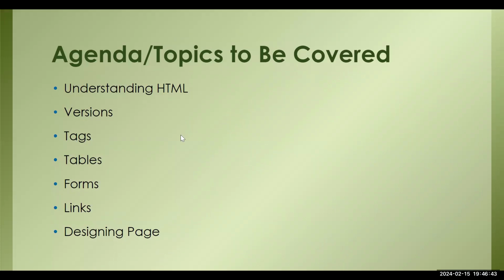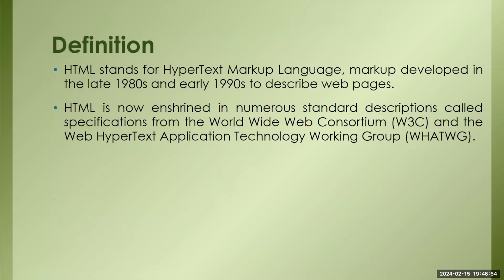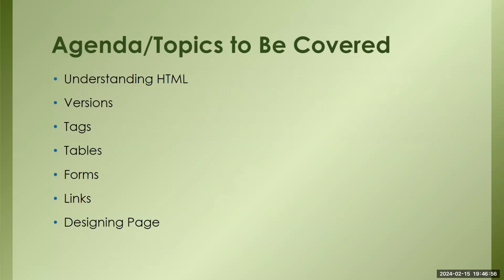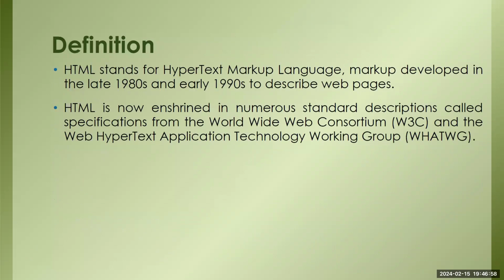HTML, right? Then we have the versions, tags, tables, forms, links, design pages, right? Well, let's see one by one, right? One by one. HTML stands for hypertext markup language. Right. This is important, right?